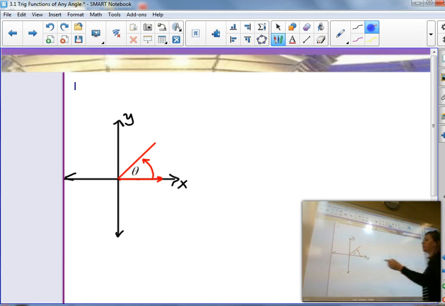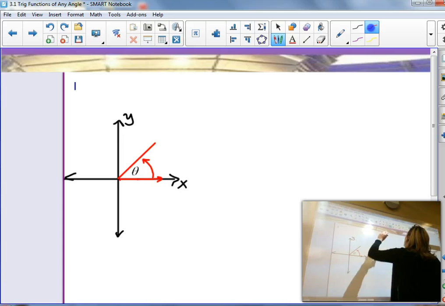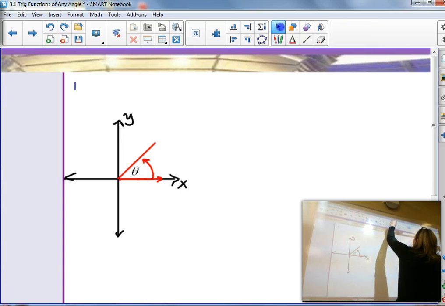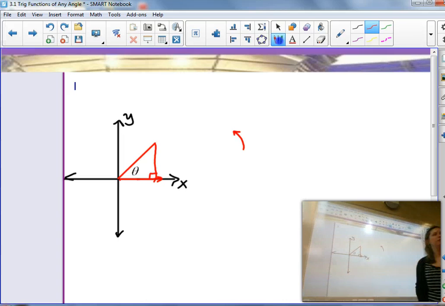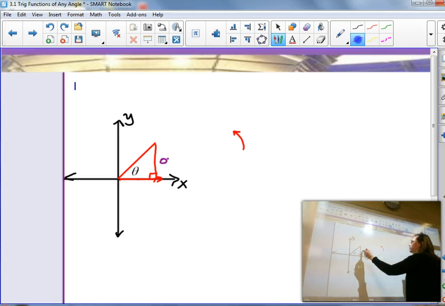Now, if you look at this angle, I formed a right triangle, just like this. And theta is down in the corner. Label your sides opposite, adjacent, and hypotenuse for me, will you? Hypotenuse is this guy, right?